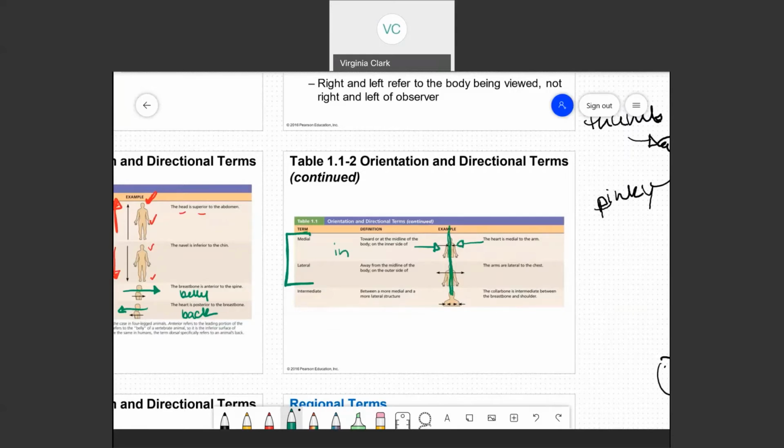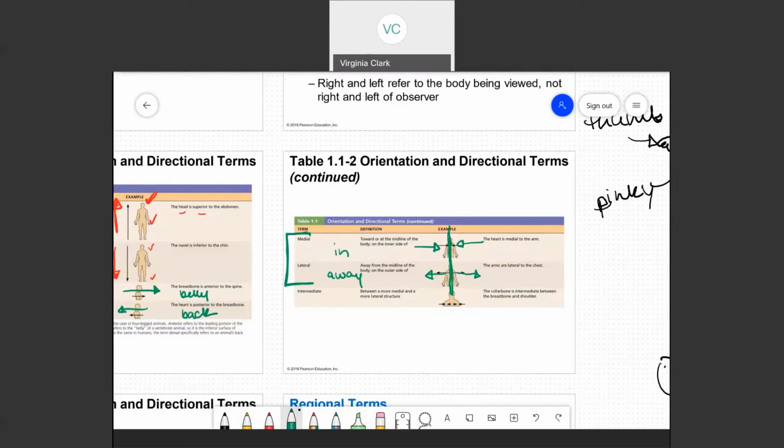Lateral is the opposite direction. You're going out or away from the middle. So this is if you drop something directly down the middle. An example of this would be my nose, which is right on the midline, is medial compared to my fingers, which are farther away. You can kind of see how that works.